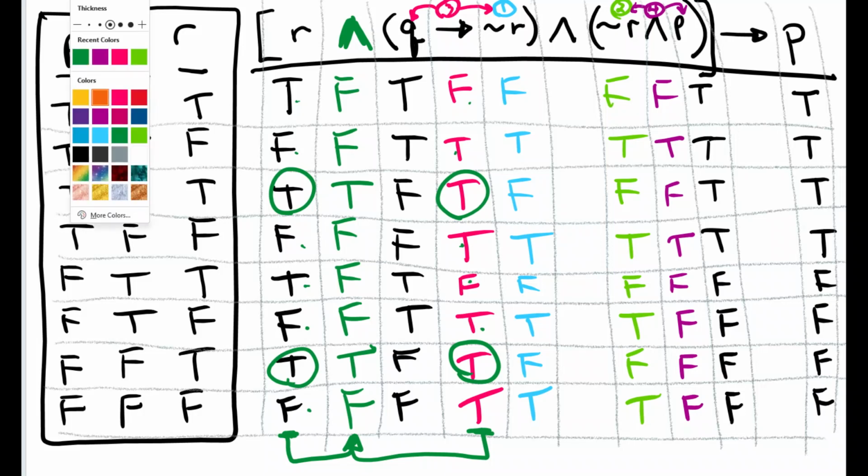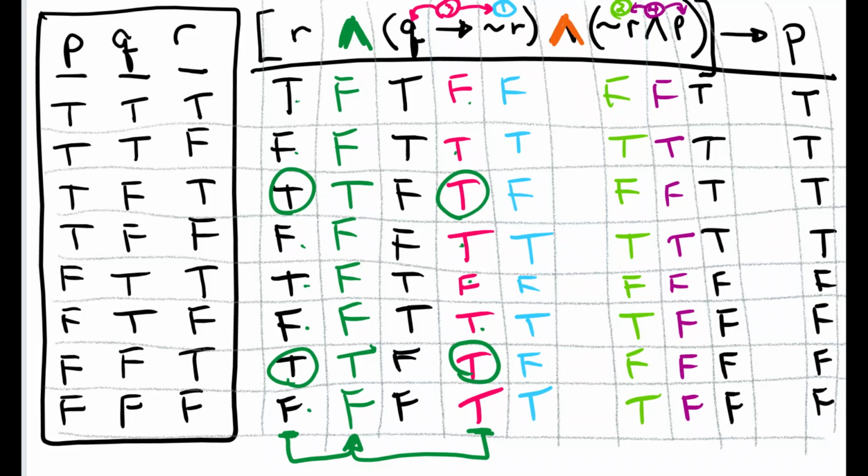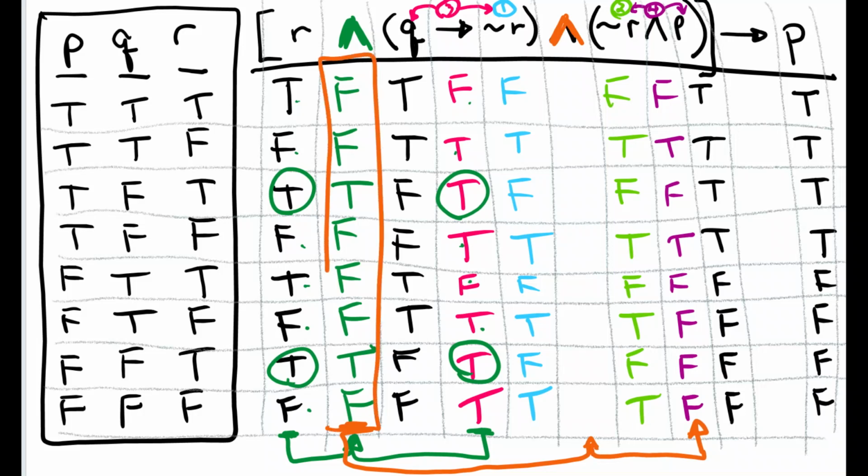Now, to do the next and, which is right here, I'm going to have to take the result of what I just did and compare that, doing an and, with the last thing I did in the parentheses, which was this purple. So I have to focus on this green and this purple columns.